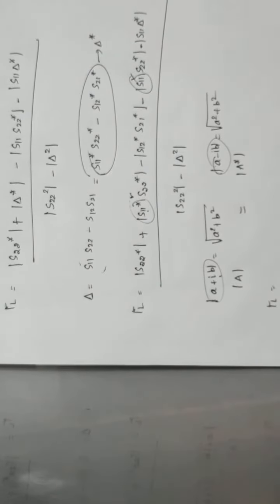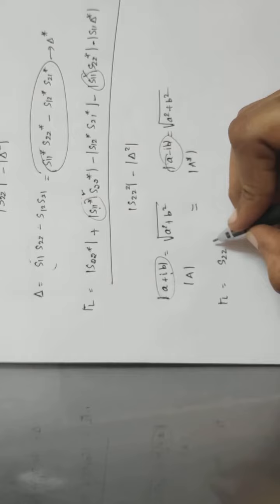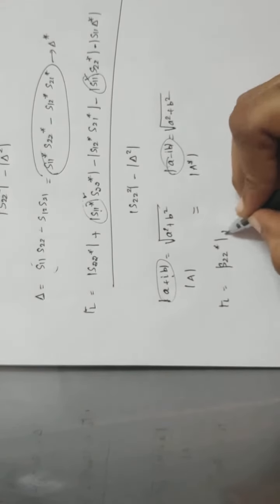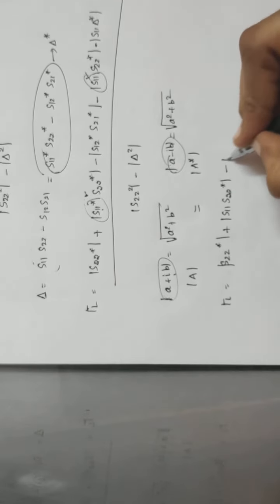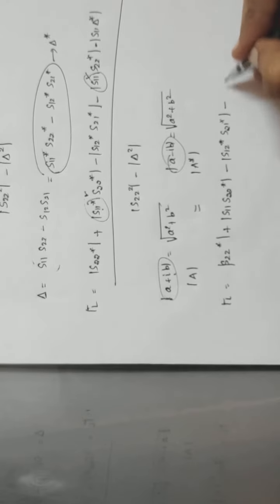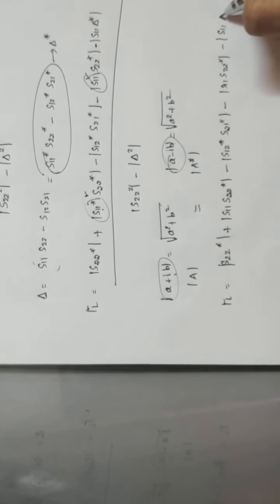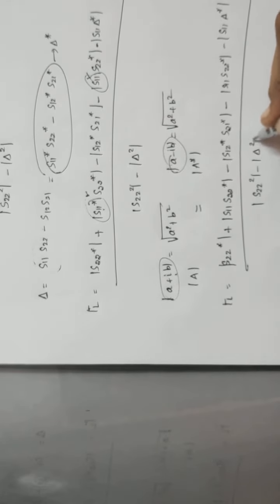So I'm going to write tau L is equal to S22 star plus S11 S22 star minus S12 star S21 star minus S11 S22 star minus S11 del star divided by S22 star minus del star.